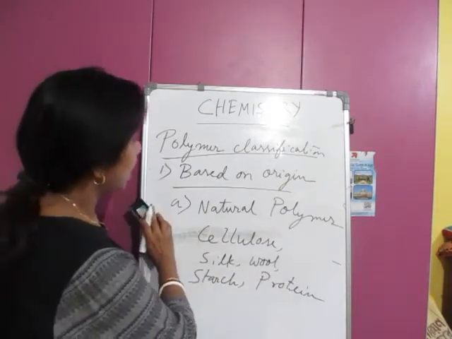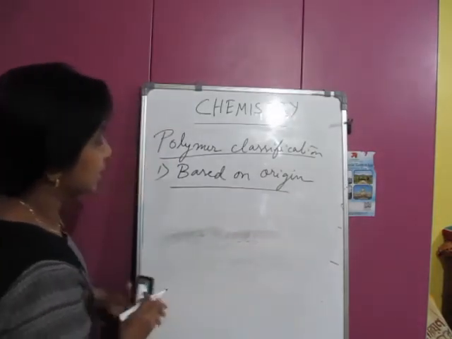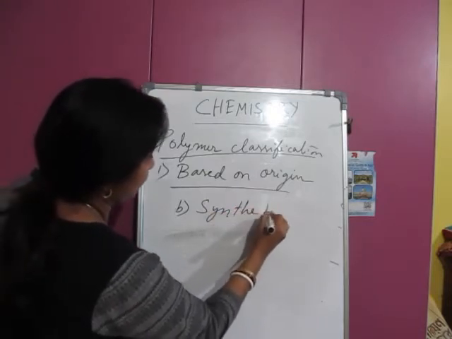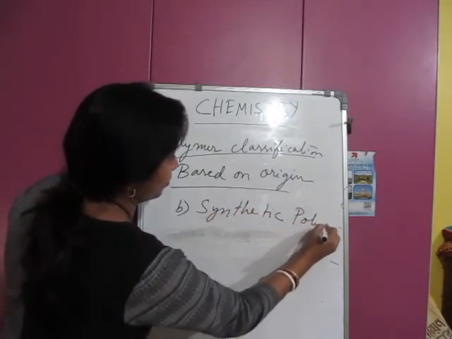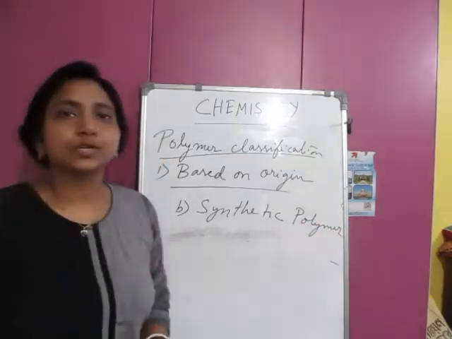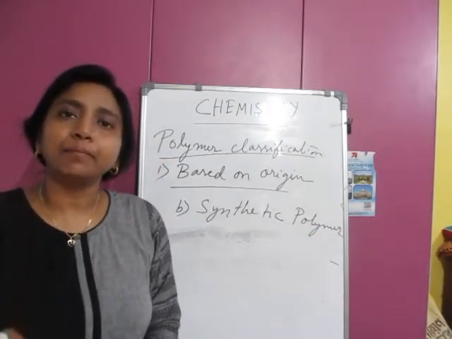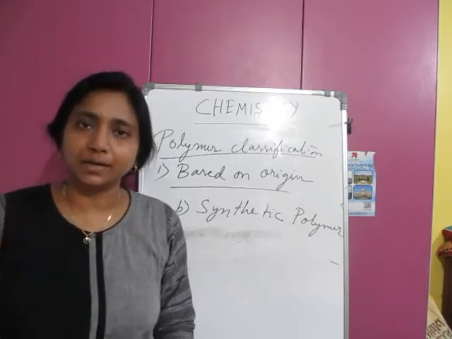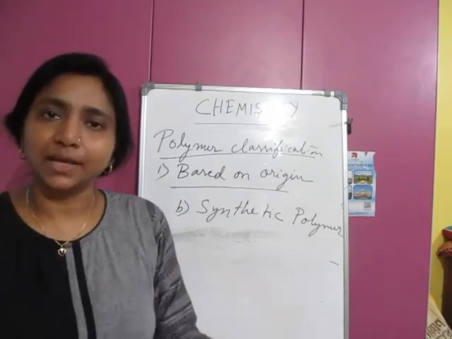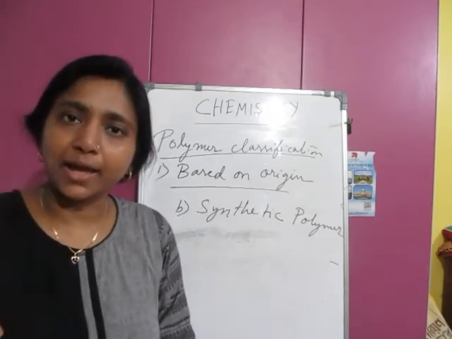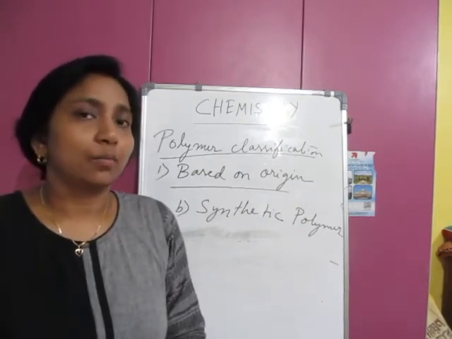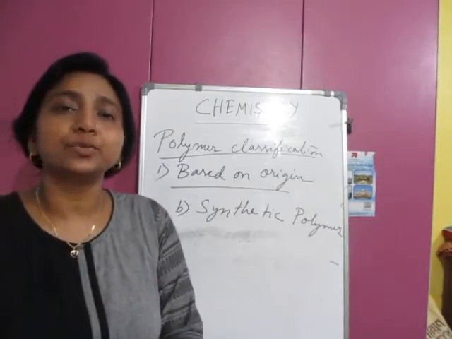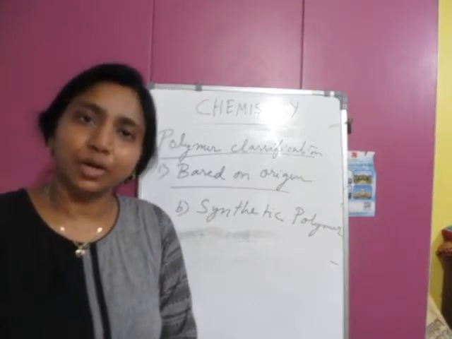So now the synthetic polymer. Synthetic polymer means the man-made polymers. All the commercial polymers you have learned, like polyethylene, polypropylene, polyvinyl chloride, polystyrene, polytetrafluoroethylene like Teflon, and PET, by which we make very high quality bottles.